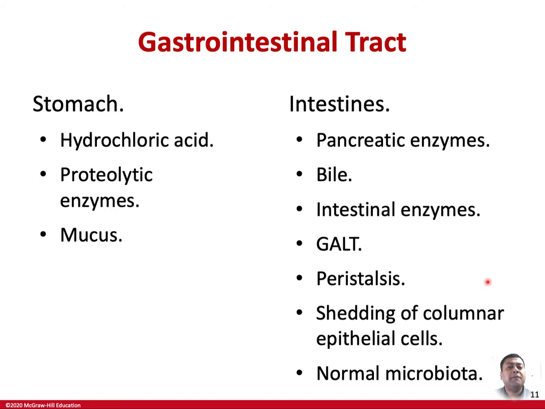And the process of defecation can also expel microorganisms. Along with that, the shedding of the columnar epithelial cells constantly goes on. So if some microbes are attached onto some of the columnar epithelial cells, the flushing activity or the disposal of the columnar epithelial cells can also get rid of them.